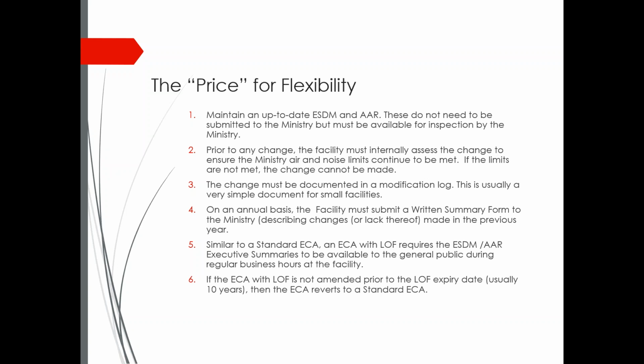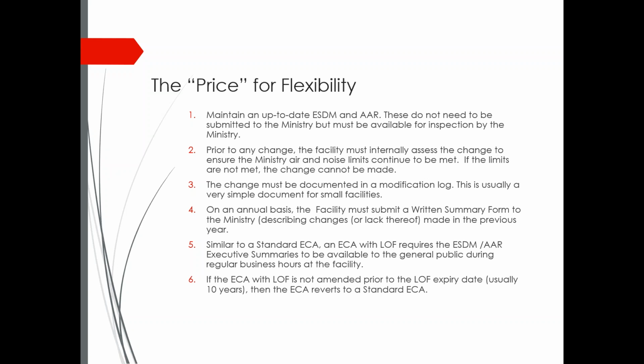And prior to any changes you make, like say you're adding a silo, the facility must assess it internally, and do the modeling and the air and noise assessment to ensure that the air and noise limits are still being met. All these changes must be put into a modification log, and it's usually a very simple document. On an annual basis, the facility must submit what is called a written summary form to the ministry describing any changes, or if you don't have any changes.